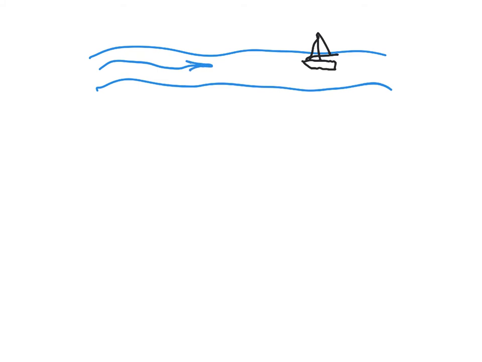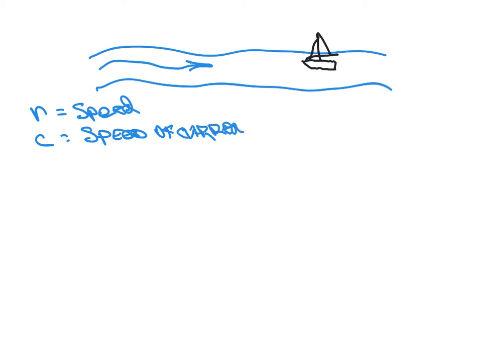If the speed of the boat in still water is R, or the rate is another name for speed. That's why they have R there. And the speed of the current, sorry, my printing is really bad on this.